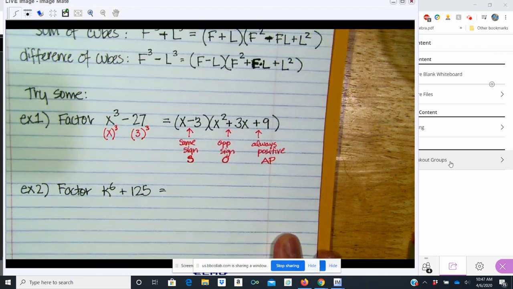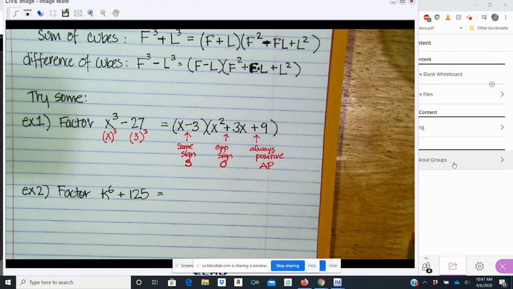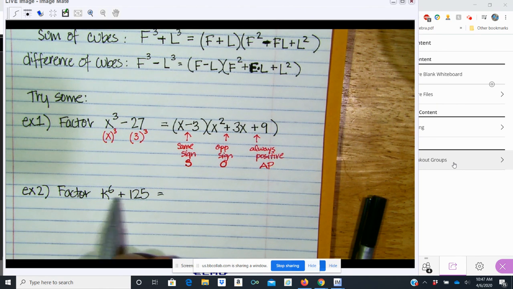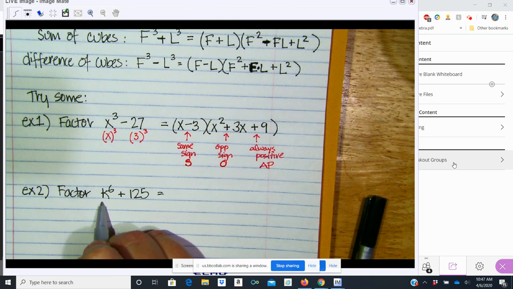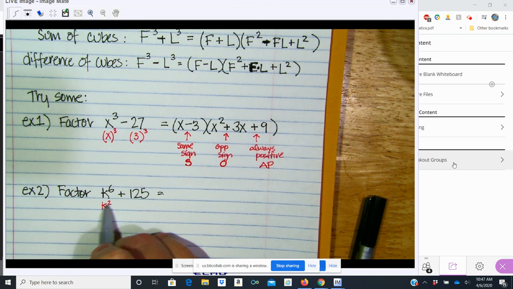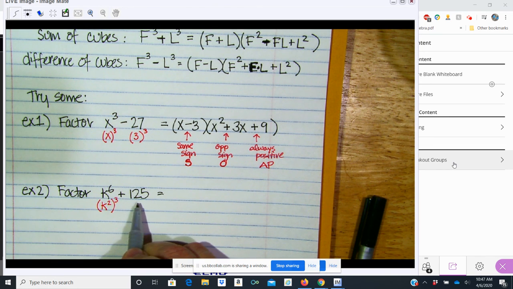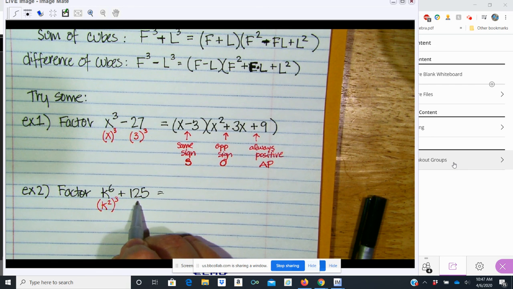All right. So if you have to factor k to the 6th plus 125, this is only 2 terms. Recognizing that the 6th is a multiple of 3, I could rewrite this as k squared to the 3rd power, and 125 I know is 5 to the 3rd power.